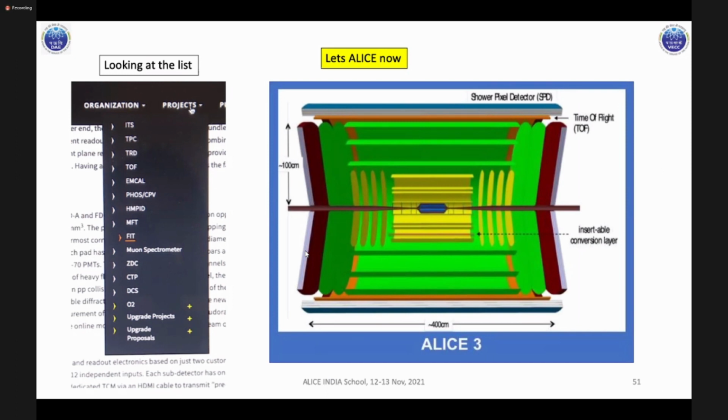Starting from ITS, the TPC will also be made with silicon detectors only, and then TRD or all the other detectors, the barrel, every detector will be made with silicon detectors. So probably it will be a good point to put more effort in getting experienced in this silicon technology and applying it in our field, and that will be very much helpful in coming days.